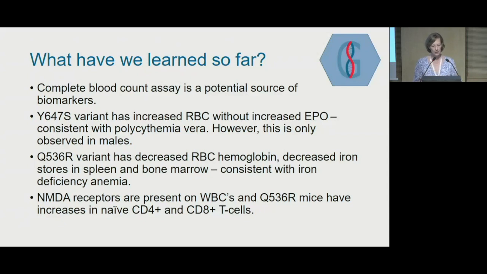Also, we see that the Y647S variant has increased red blood cells without increased erythropoietin, and that's consistent with polycythemia vera, but it's only observed in the males. The Q536R variant has decreased red blood cell hemoglobin, decreased iron stores in both the spleen and bone marrow that would be consistent with iron deficiency and potentially iron deficient anemia.